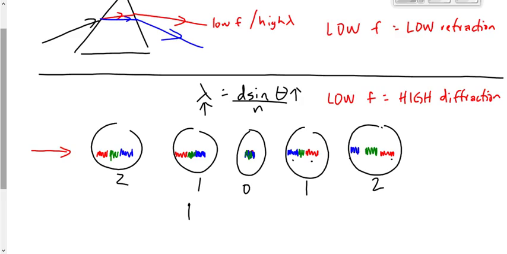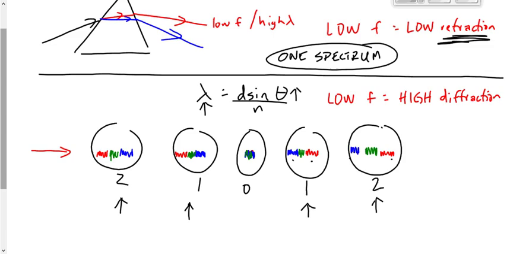We end up with a spectrum at our second order maximum, and on the other side as well. With the prism and refraction, we get one spectrum. One continuous spectrum, a rainbow, one rainbow right here. With the diffraction grating, we get multiple spectra. We get a rainbow at our first order maximum, and then a rainbow at our second order maximum, and so on.